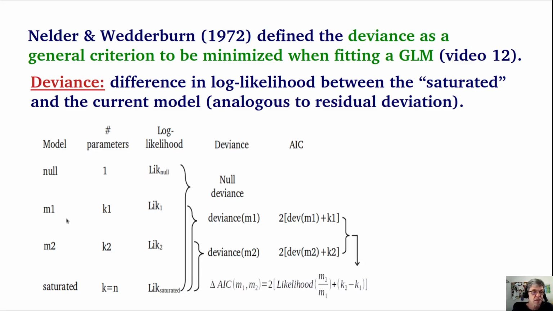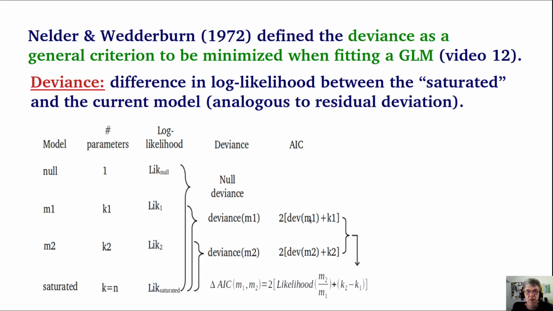And then let's say that we have 2 models, M1 and M2, whose log likelihoods are L1 and L2. The deviance of model M1 is the difference between the log likelihood of this model and the log likelihood of the saturated model, and the deviance of model M2 is the difference between its log likelihood and that of the saturated model.